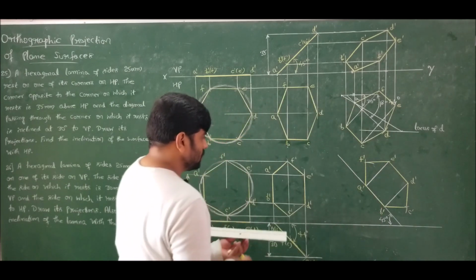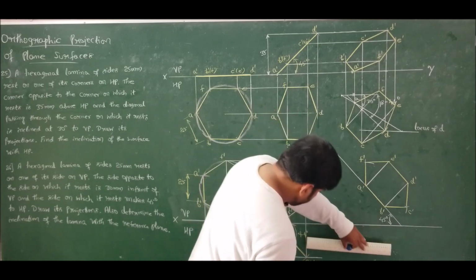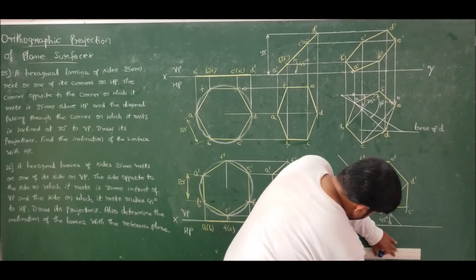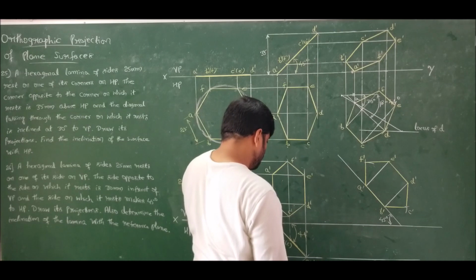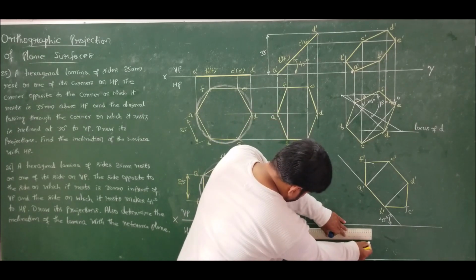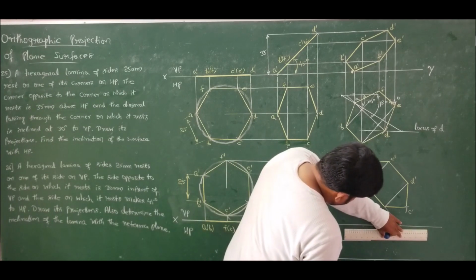Now take vertical projection and horizontal projection, complete the drawing. We have ED, then we have FC.